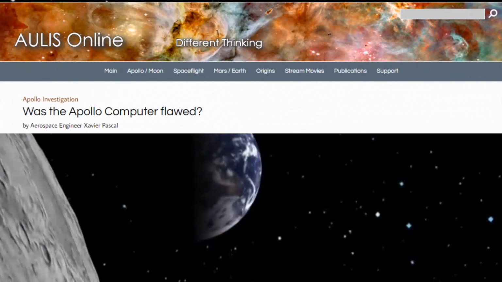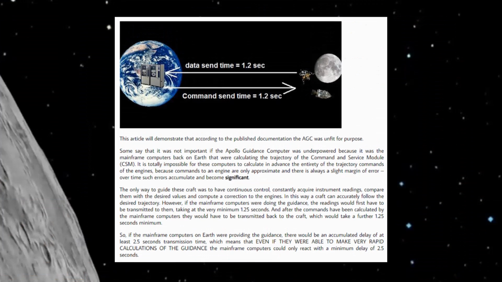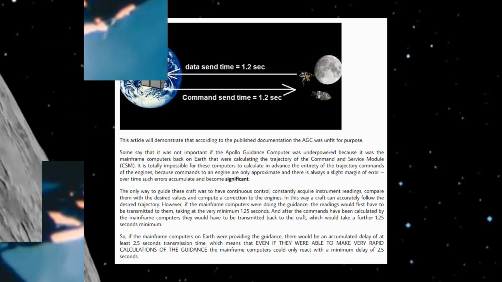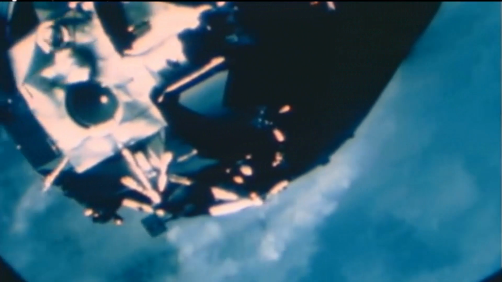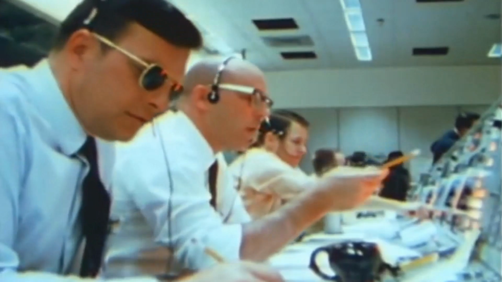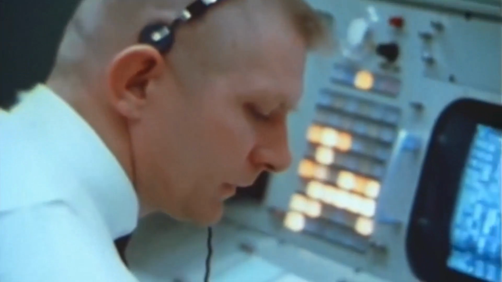Computer engineer Xavier Pascal writes, "Some say that it was not important if the Apollo guidance computer was underpowered because it was the mainframe computers back on Earth that were calculating the trajectory of the Command and Service Module CSM. It is totally impossible for these computers to calculate in advance the entirety of the trajectory commands to the engines because commands to an engine are only approximate and there is always a slight margin for error.